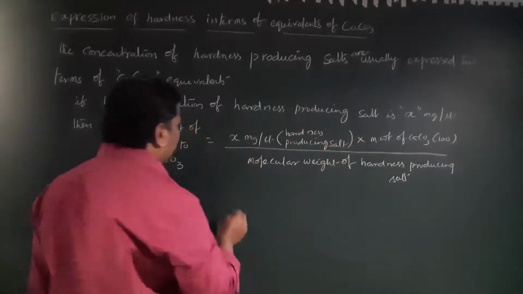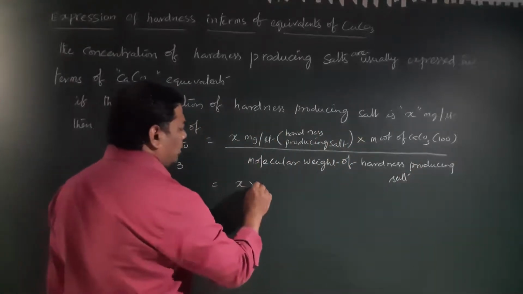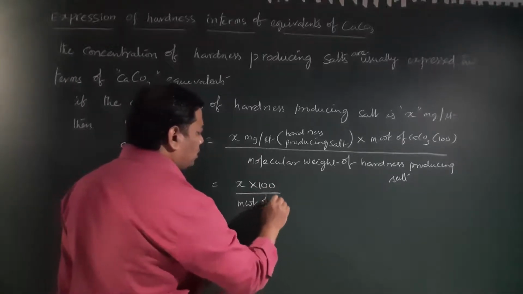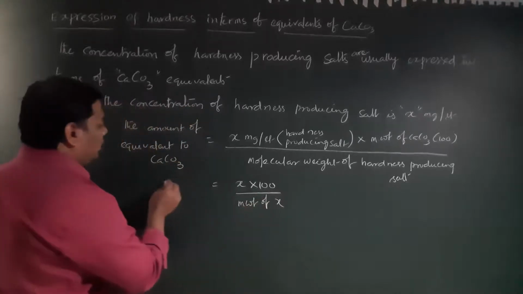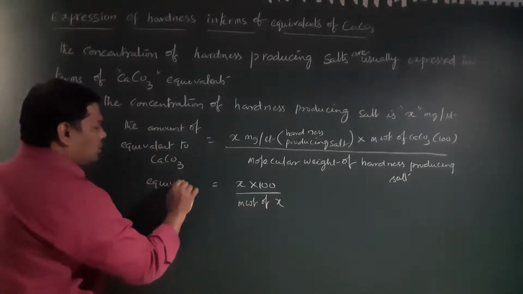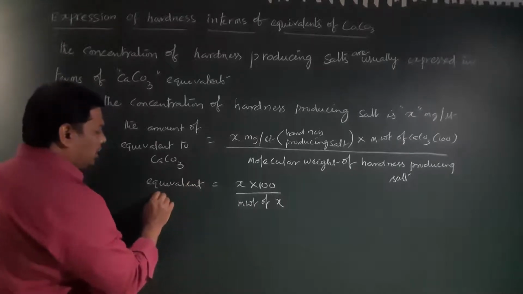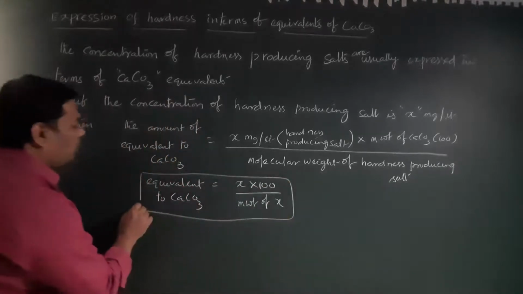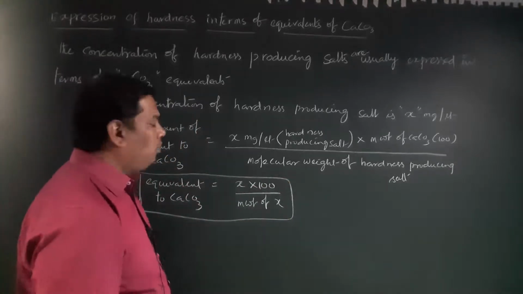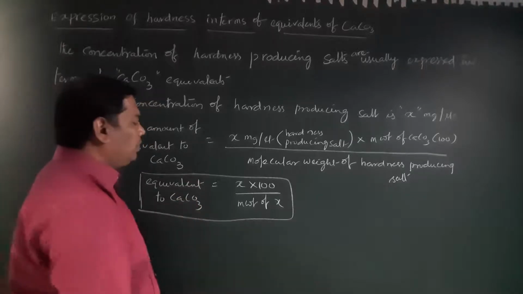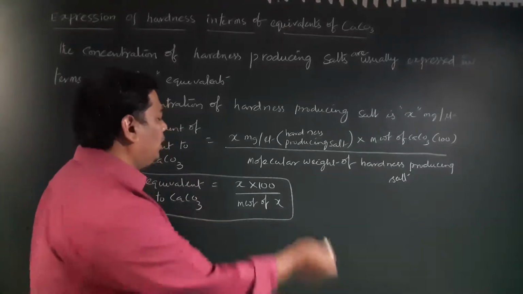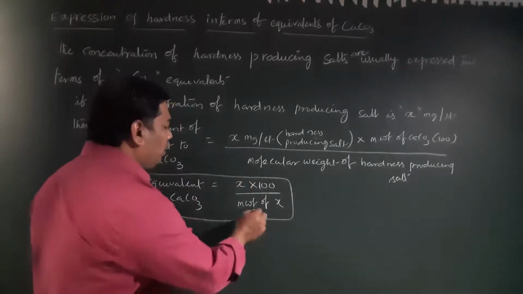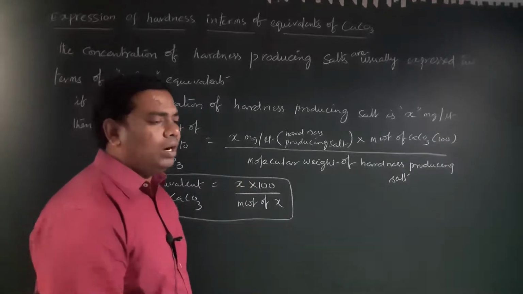We can write it in a simple way: X into 100, divided by the molecular weight of X, that is equivalent to CaCO3. So this is the formula. We can express hardness of water in terms of CaCO3 as the amount of hardness producing salt into the molecular weight of CaCO3 divided by the molecular weight of the hardness producing salt.